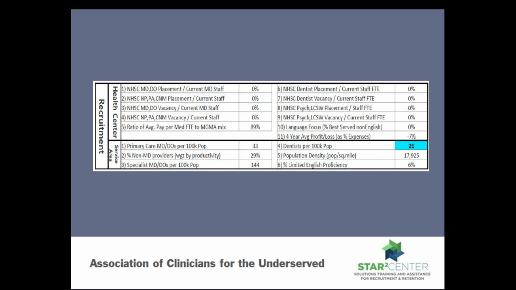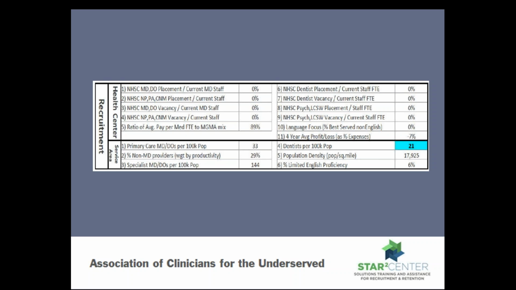So for example, if you look at recruitment, health center, data point number 11, for your average profit and loss, that's actually a data point created by our team here that looks at certain tables and data points from your UDS for actually 4 years and looked at whether or not basically you're going up or going down in terms of health center stability and financial stability. And so again, something we don't necessarily think of as, hey, this is going to affect recruitment, but I think that you can all imagine how some changes, how maybe if the health center is losing money or if it's growing really fast, could affect the outcome of your workforce programs.